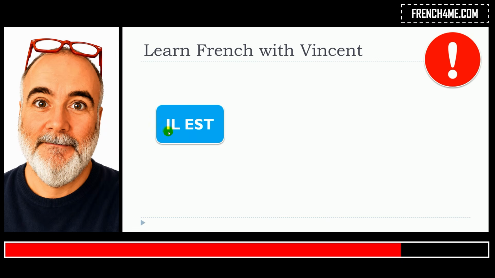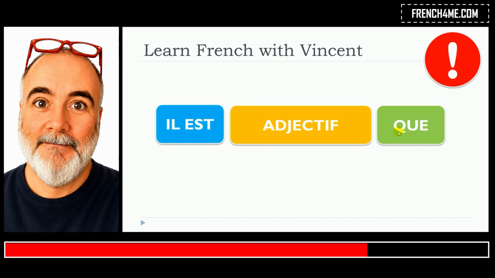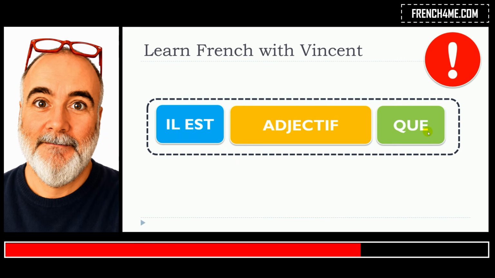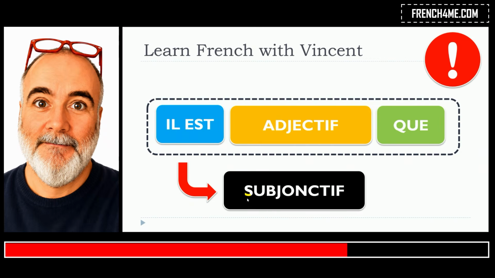Remember that in that case, il will stand for it and not for he. Then we will put the adjective, then que, and after all that, we will introduce the subjunctive. So it means that the verbs that will come after this structure will be in the subjunctive.